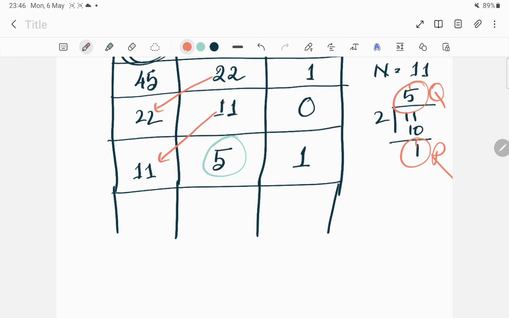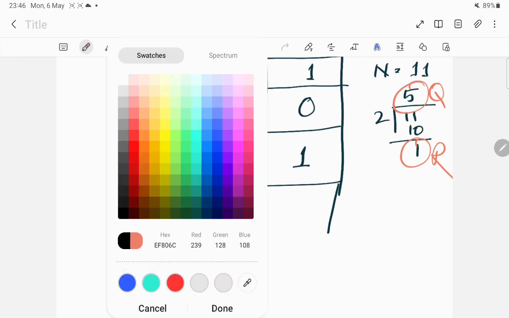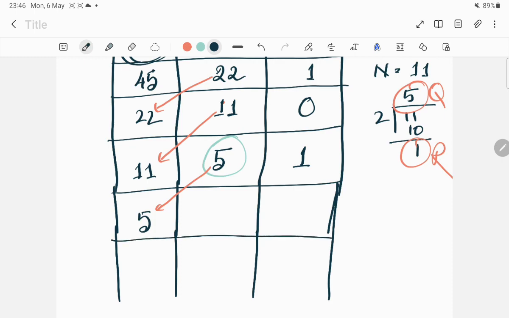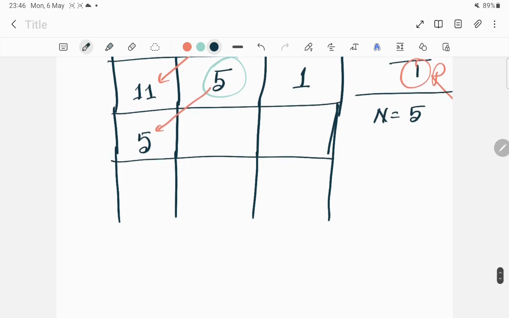We will have to continue. So what is the next step? We will have to bring it here. Okay, let me change the color again. So now we have 5 here. Okay. In this step again our n has changed. Now n is 5.